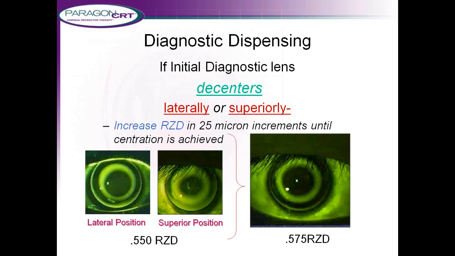In this example, you see a lens that has a 550 micron return zone, and if it's superior or laterally displaced, going to a 575 micron return zone will center the lens and show you the appropriate fluorescein pattern.